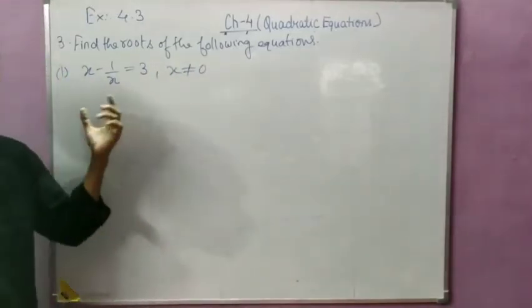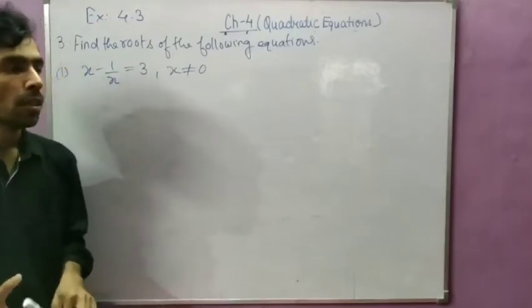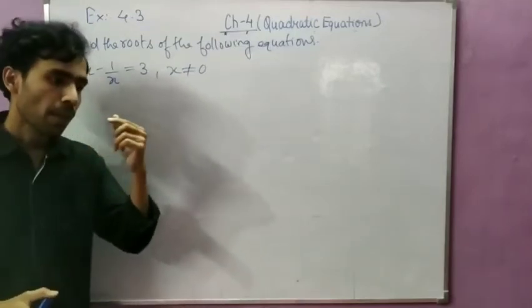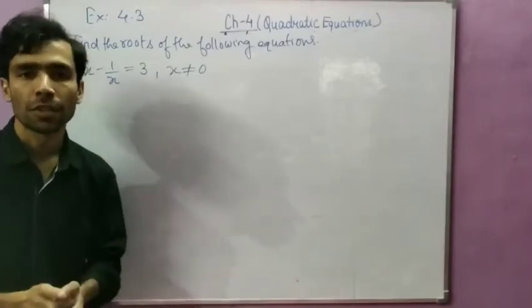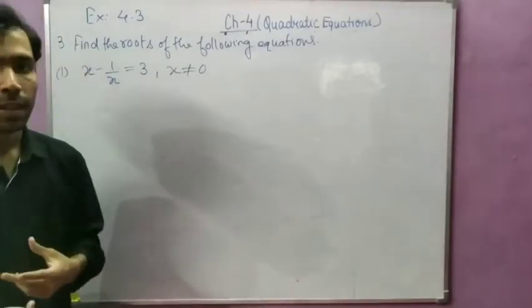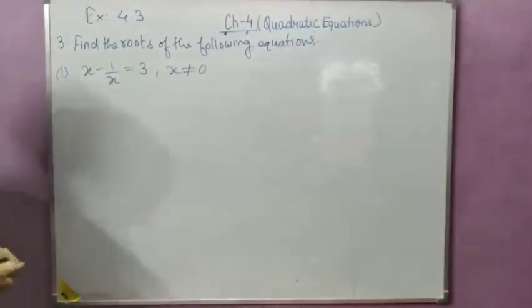This is the question. In this you have to find the roots of the quadratic equations. Now students, see, when you see this question, you will say, sir, it is not a quadratic equation. Listen, first solve it. After that you can see whether it is quadratic or not. It is quadratic when you solve it.